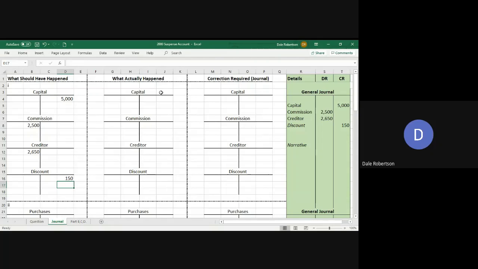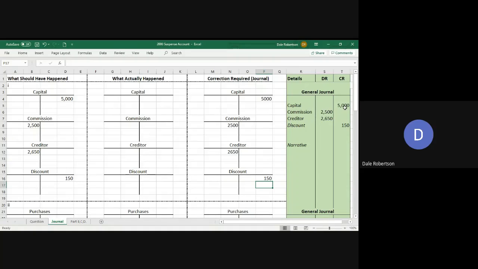What actually happened is nothing actually happened because this is an error of omission. So what we do is we replicate across to the correction required. We just put in our 5,000 here and our 2,500 and our 2,650 and our discount received of 150. And these are the numbers here which are entered into our general journal.